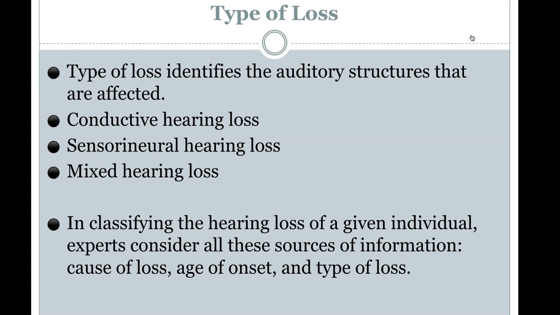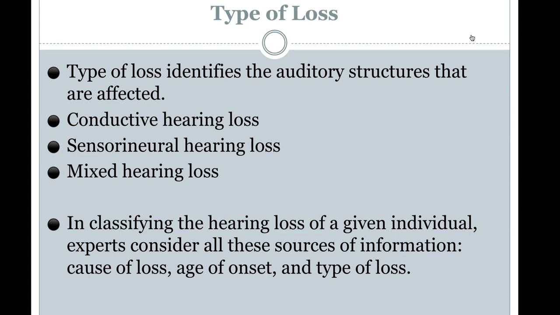And a mixed hearing loss is when someone has both a conductive hearing loss and a sensorineural hearing loss. So maybe they have a conductive hearing loss, like a middle ear infection such as otitis media, which we'll talk about, but they also have a sensorineural, more permanent hearing loss, and they have both of them.